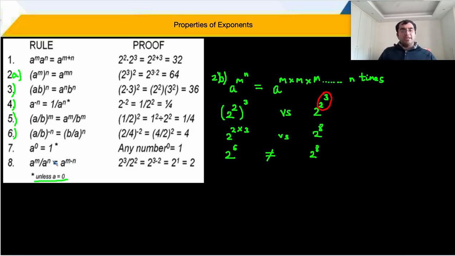Sorry, let me repeat that. फर्स्ट प्रॉपर्टी में अगर आपका base same है then powers will get added. Eighth property में अगर आपका base same है then powers will get subtracted. That's all. ठीक है.